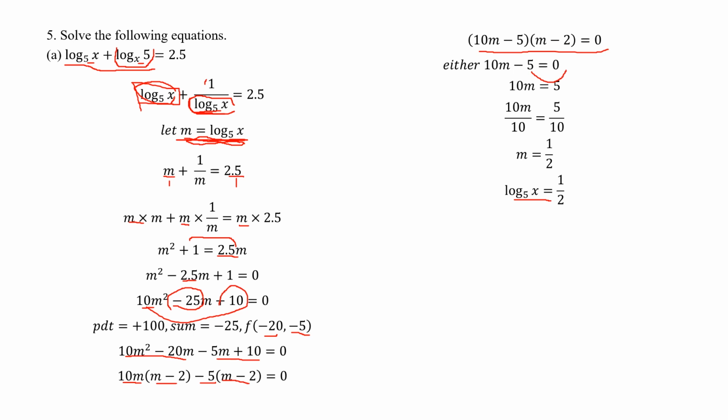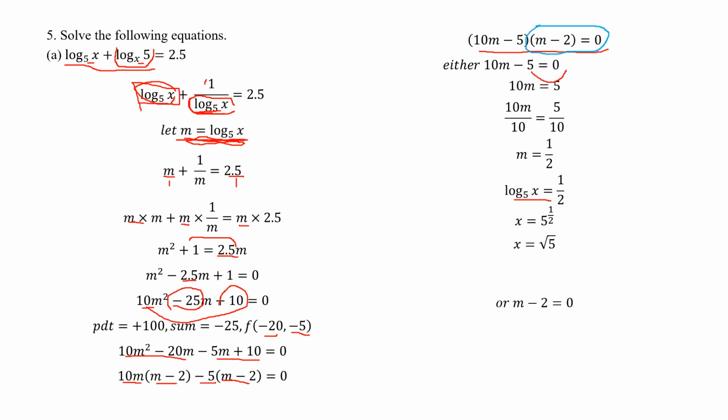Then now I'm going to use the definition of logarithm, that x is going to be equal to 5 power a half. Then when I take the power a half as the root, I'll be having my x as the root of 5.